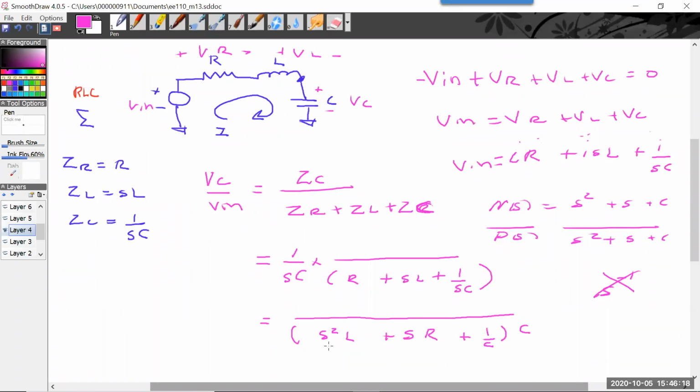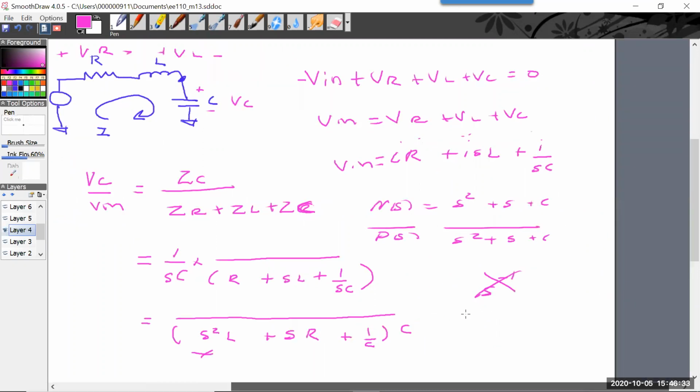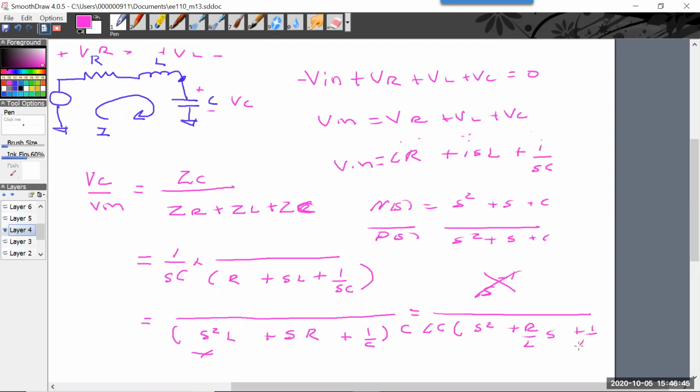However, you want this first polynomial to be scaled by 1. So I pull out the L, and I'm just going to put it up front. So now I have S squared, R divided by L plus S, plus LC.